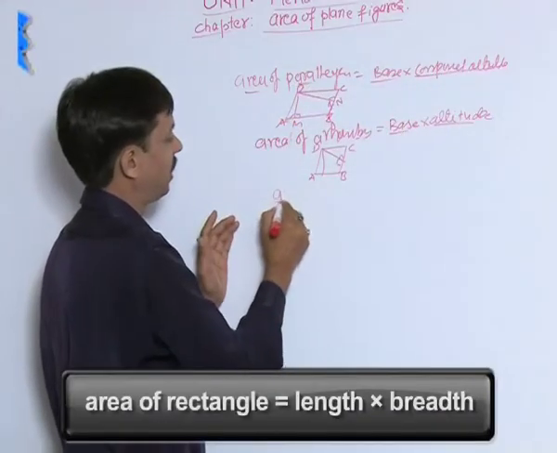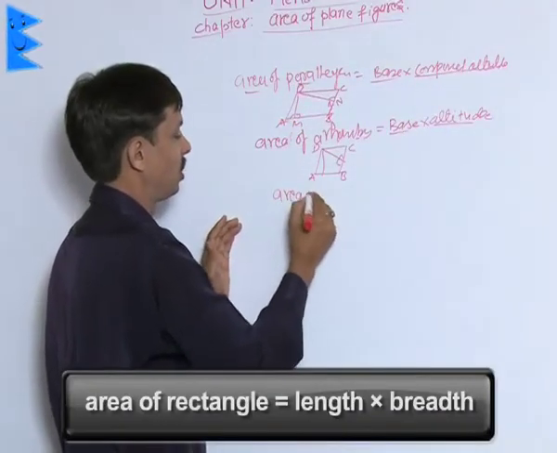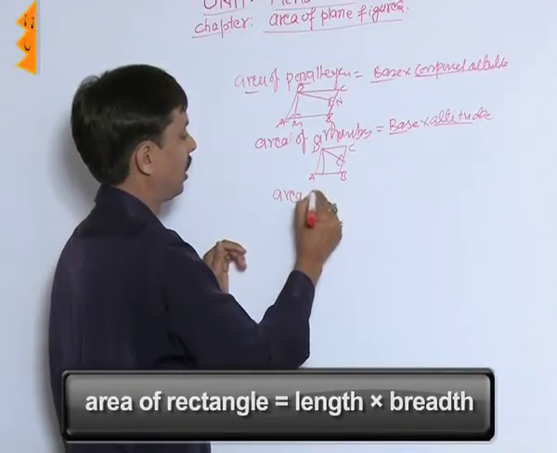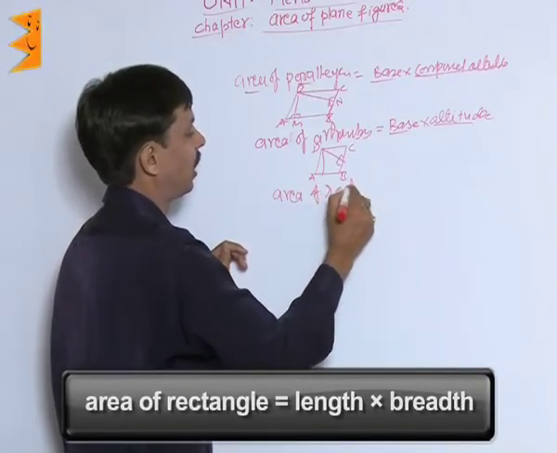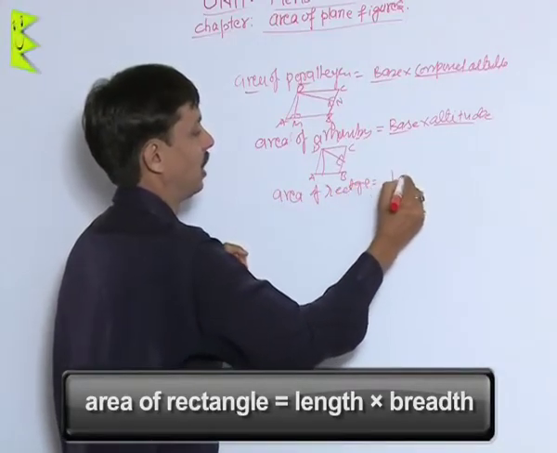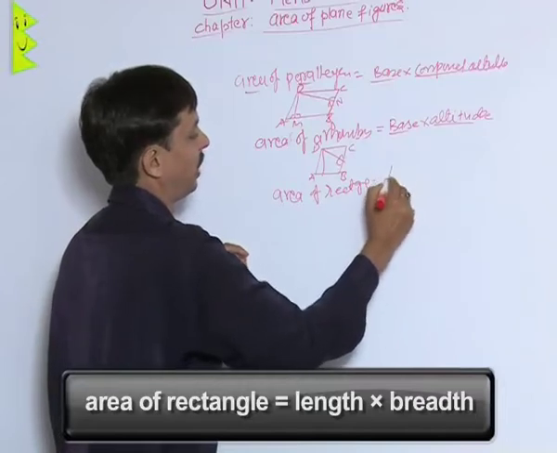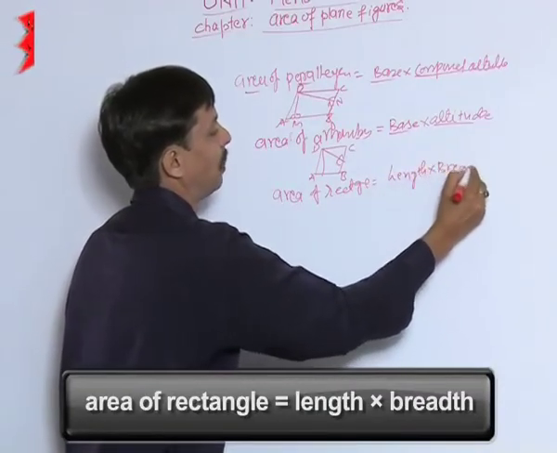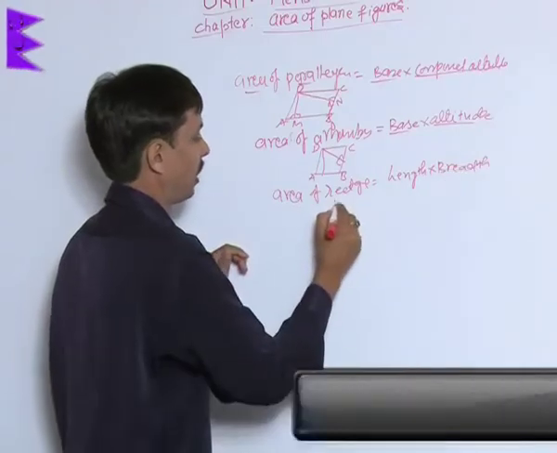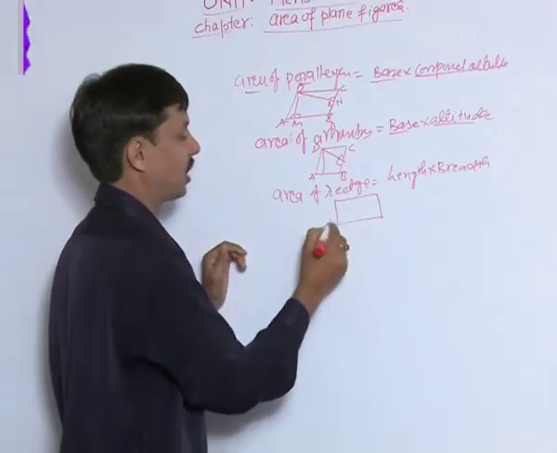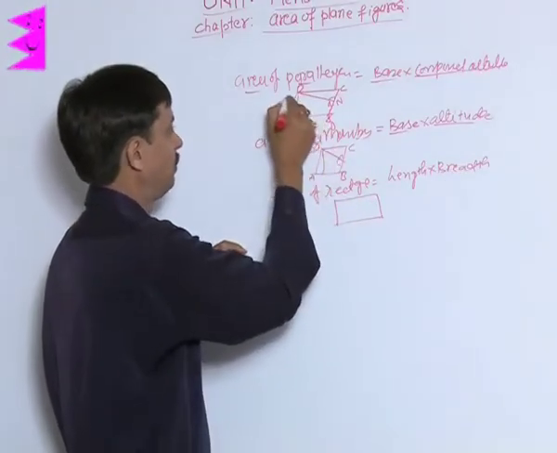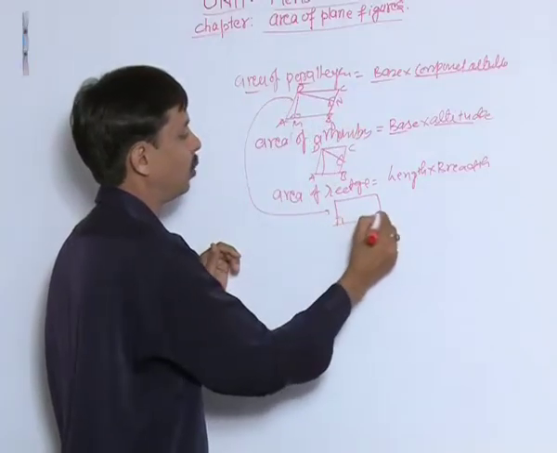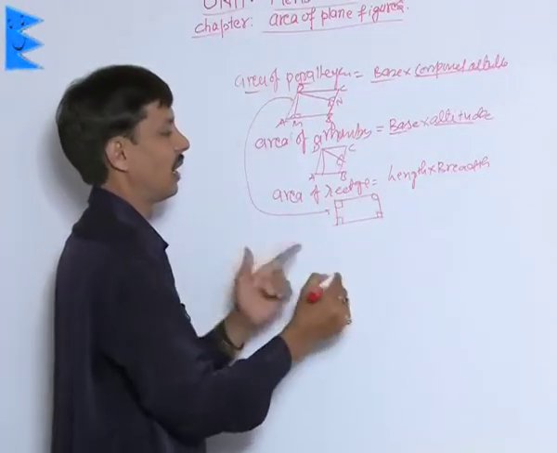How do we find the area of a rectangle? You all know since class 6 that the area of a rectangle is length into breadth. We write it as length multiplied by breadth. A rectangle is a kind of parallelogram whose each angle is 90 degrees.